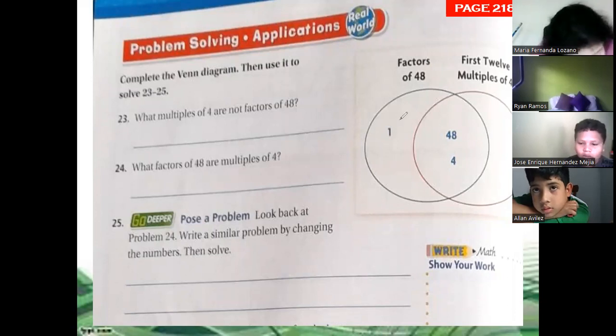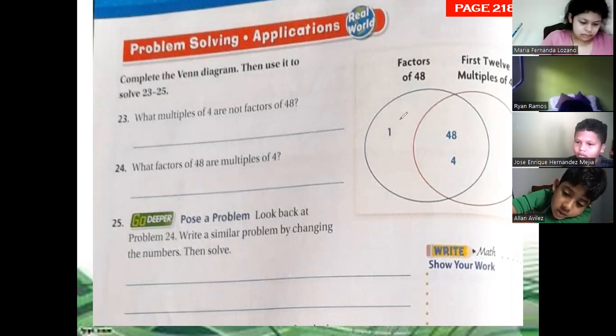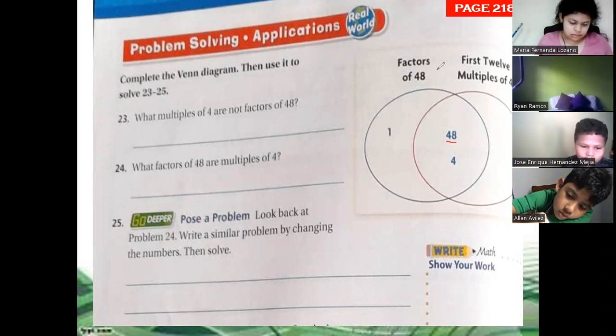Okay, so I multiply 1 times 48. Factors of 48, 1, 48 is already here. Now, 48 is divisible by 2. Yes, because it finishes in an even number. 8 is even, número par.